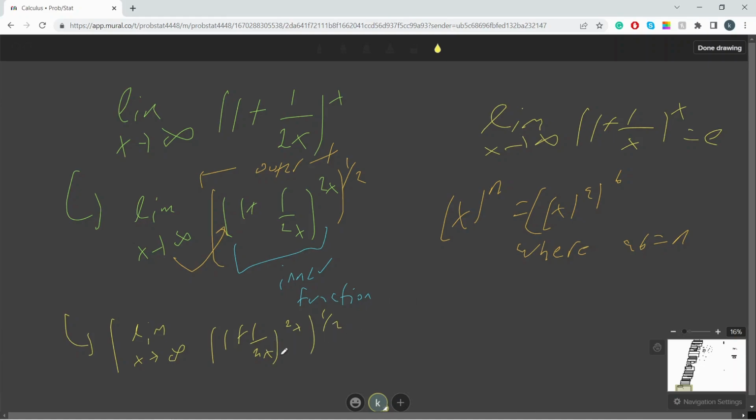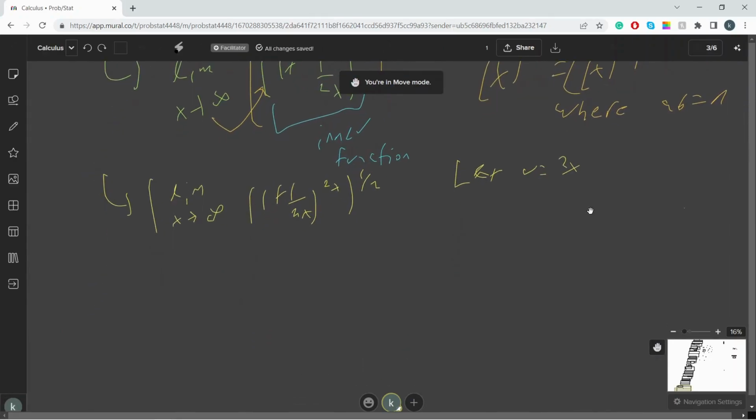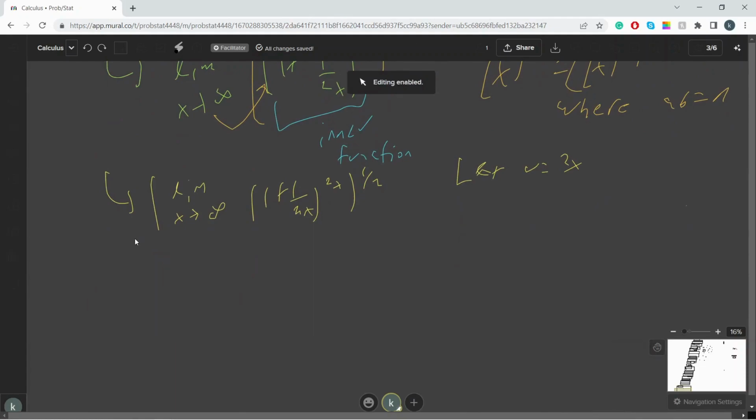And now what we can do is make our variable substitution. If we let u equal 2x, then when x approaches infinity, u will approach infinity. So we can rewrite this limit using that variable substitution as the following.